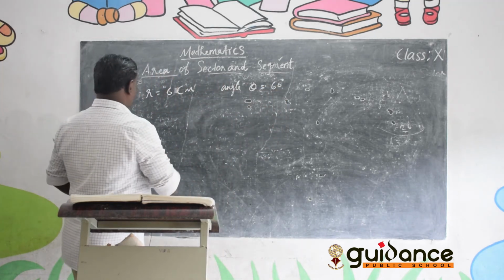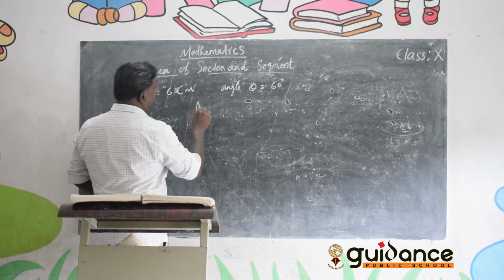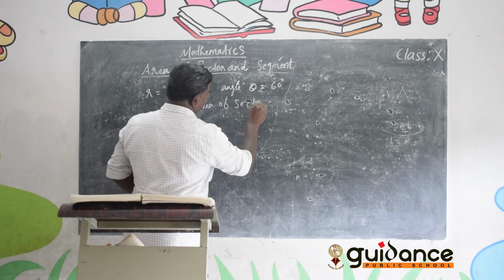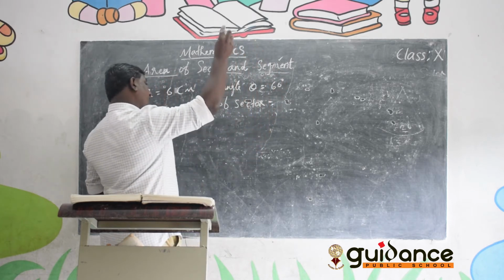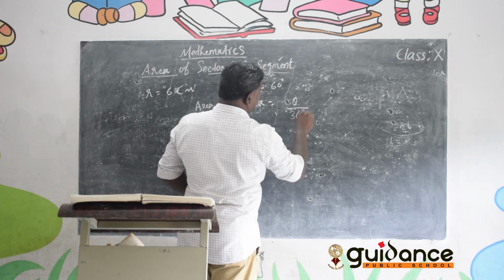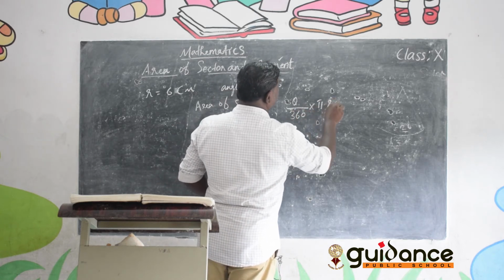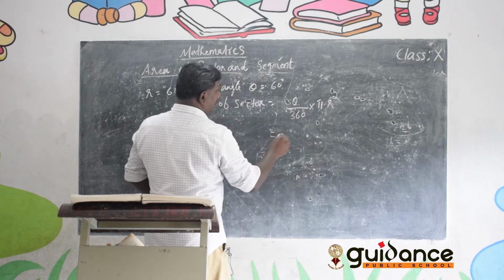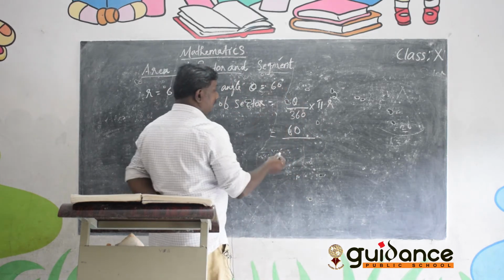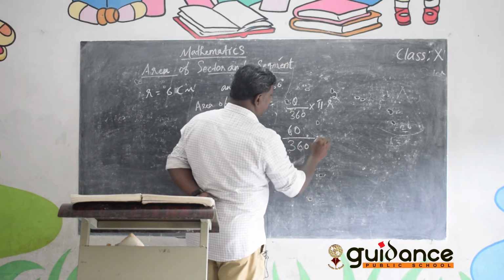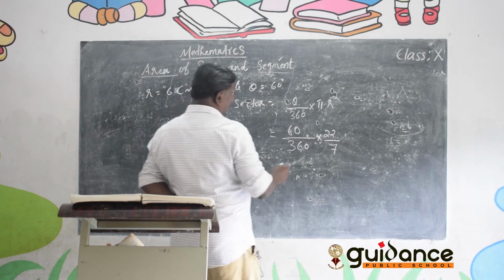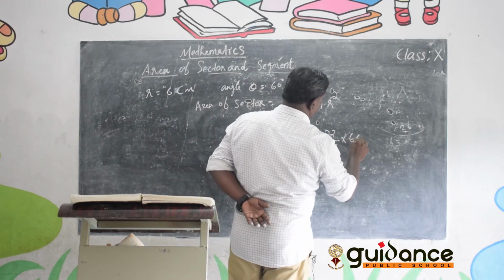So we know the equation for finding the area of a sector: theta by 360 into pi r square. Substituting the value of theta, that is 60 by 360 into 22 by 7 into 6 into 6.